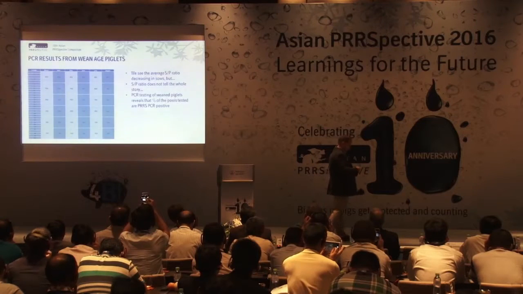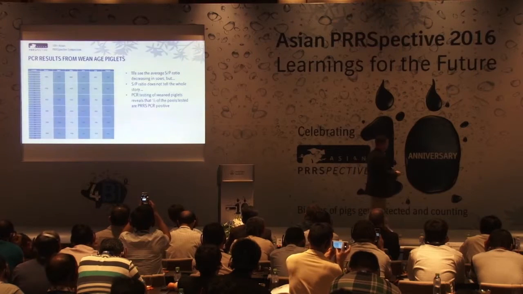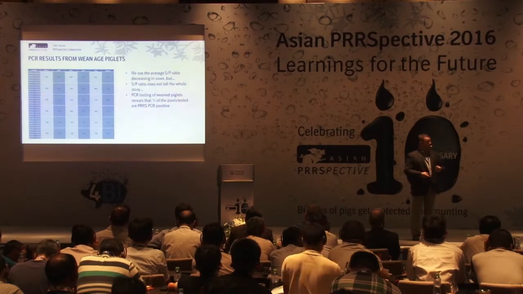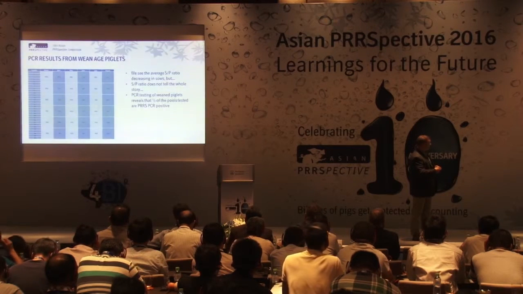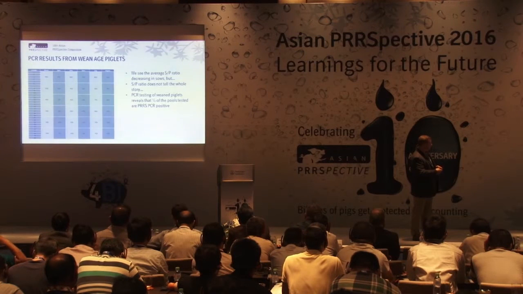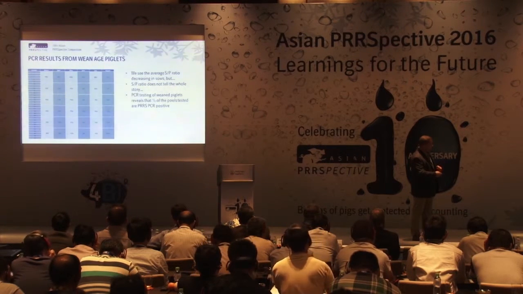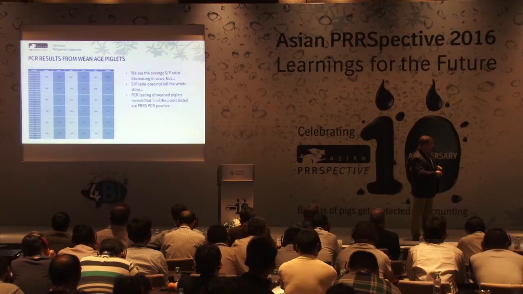If we look at this example, in March, all of our pools were positive by PRRS. In April, again, all positive. In May, we have 2 negative pools out of 6. In June, we're half and half. July, more negatives, fewer positives.